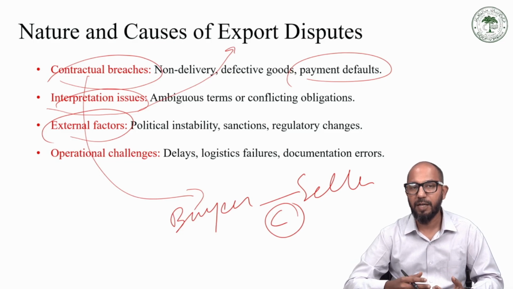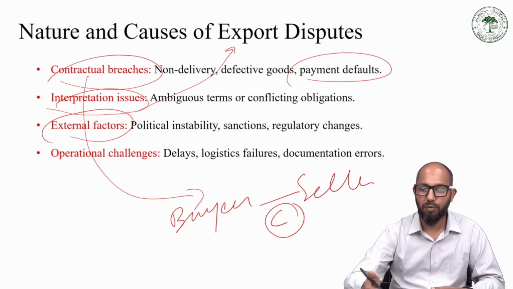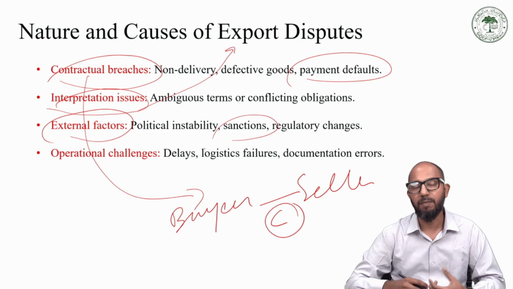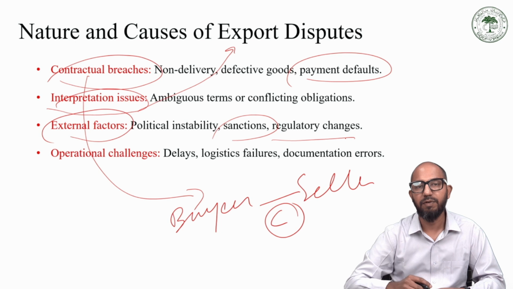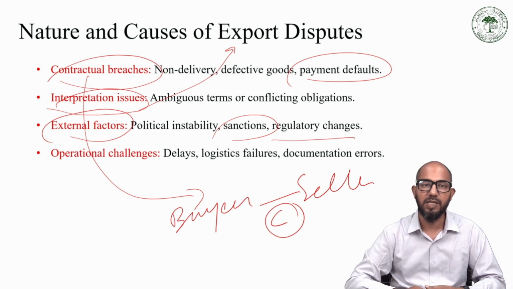So they are exporting to other countries, and then rebranding happens and the goods reach the Russian Federation. Such things do happen because of certain external factors. These may also include sanctions that are put by a multilateral organization or any particular country on other countries, and certain regulatory challenges and regulatory changes as well.